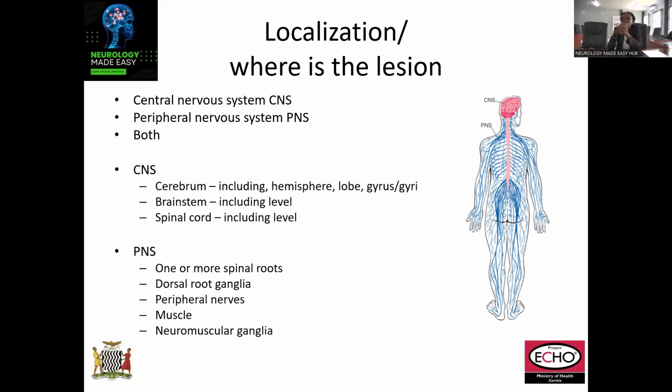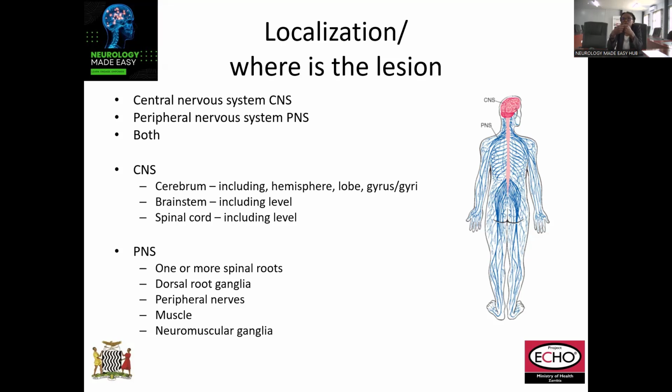The brainstem, which is like the connector between the brain and then the spinal cord. So those are the areas we consider the central nervous system in terms of localization. The peripheral nervous system has to do with the spinal roots, the dorsal root ganglia, the peripheral nerves, muscles, as well as the neuromuscular ganglia.